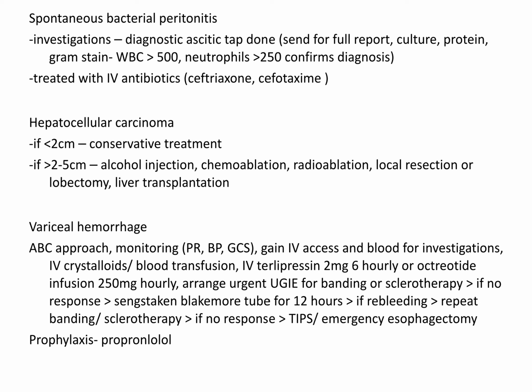And if there is rebleeding, then we obviously have to repeat the upper GI endoscopy and then do the banding or the sclerotherapy. And if the patient is not responding to that either, we can actually go for the TIPS or emergency esophagectomy. And as a prophylactic measure, we obviously give these patients beta blockers like propranolol.